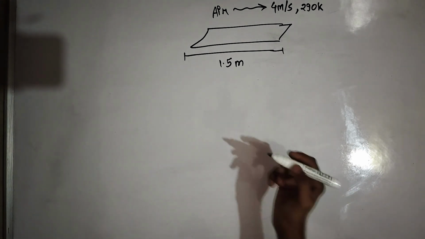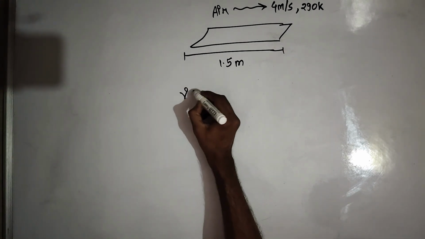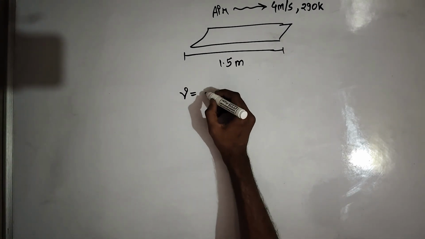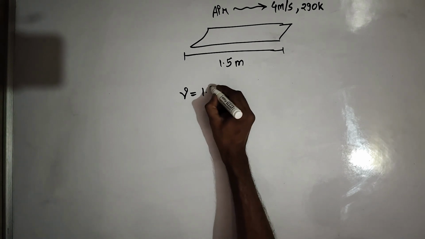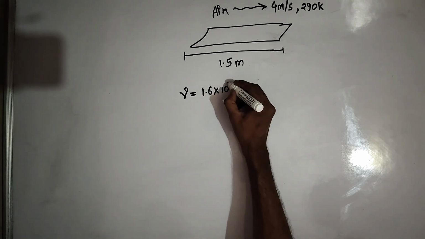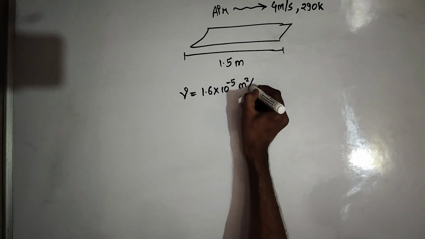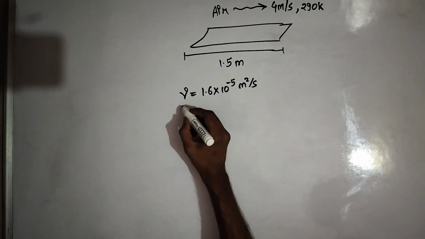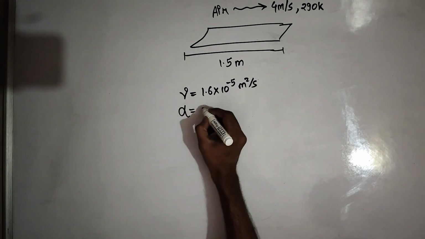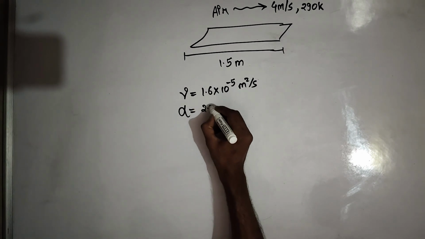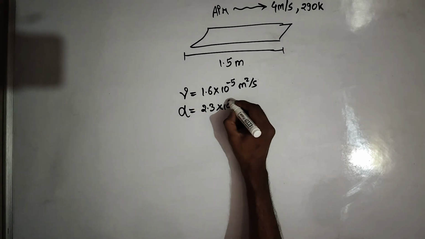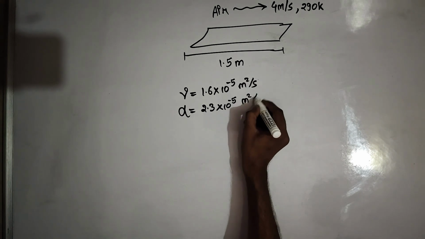We are given some data for kinematic viscosity of air, which is 1.6 into 10 raised to power minus 5 meter square per second. And we are also given thermal diffusivity, which is 2.3 into 10 raised to power minus 5 meter square per second.